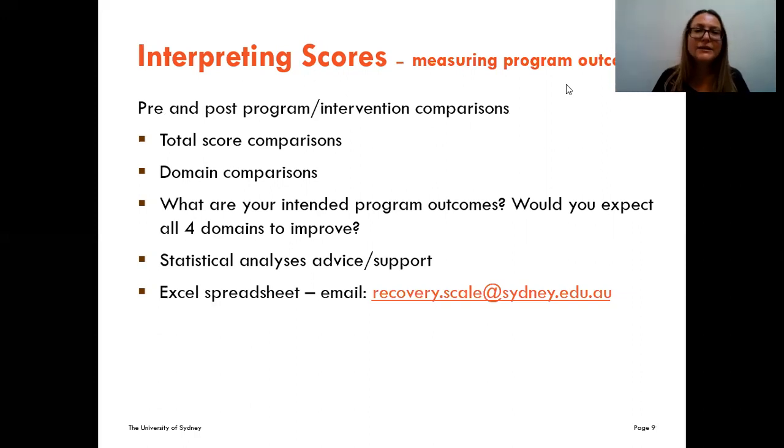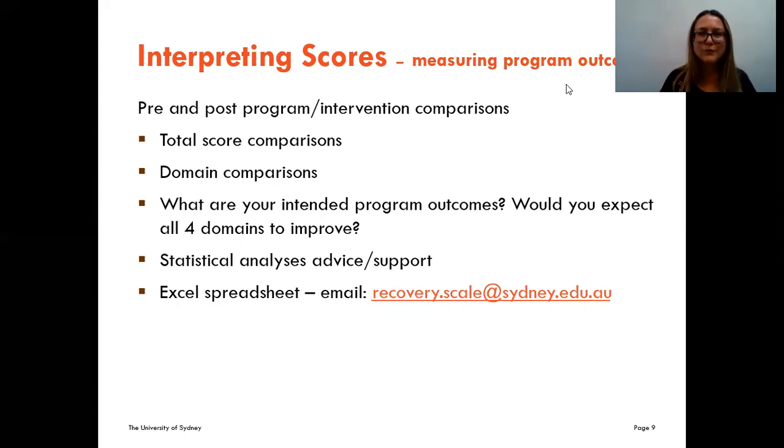Interpreting it is really looking at, you can either look at the total score comparisons and you're looking at change. So has there been change? You can look at totals, and you can look at change scores in terms of the domains. And when you think about the logic and intention of your program, what are you targeting?